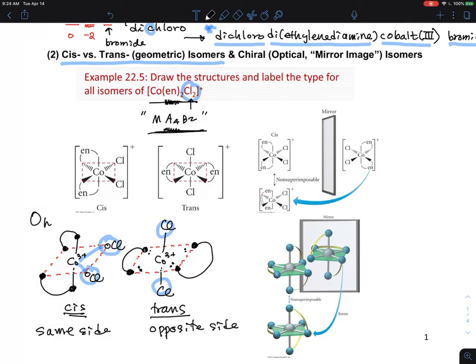And you can see that it's pretty clear that the chlorine is on the opposite side here, whereas in this one, when you put the chlorine here and the chlorine on the other side, they are on opposite sides. But when you put the chlorine here and the chlorine onto this side, this is a neighboring side. So it's not the same side.